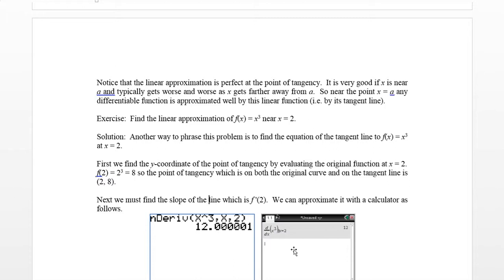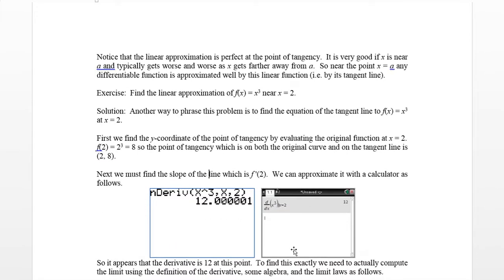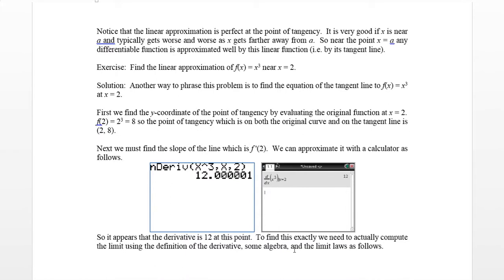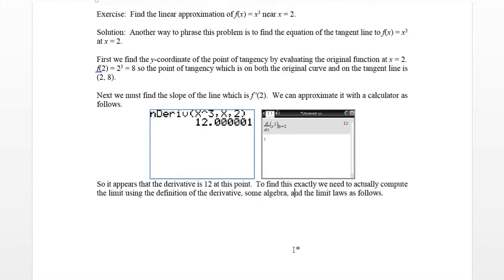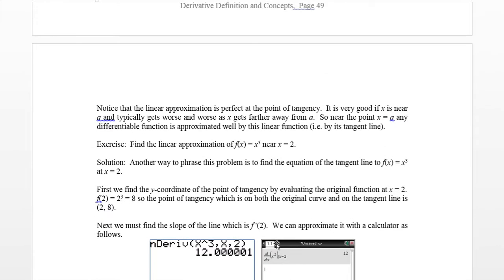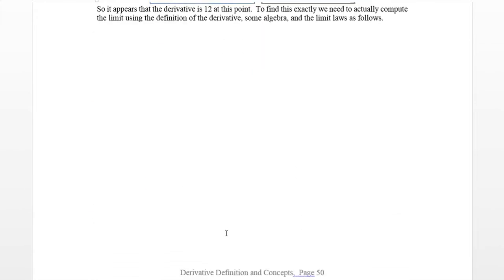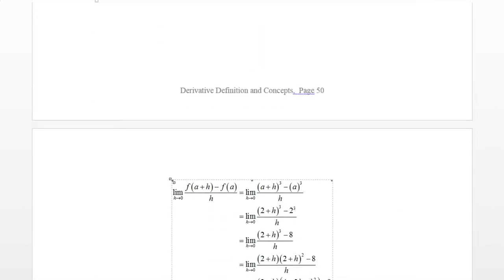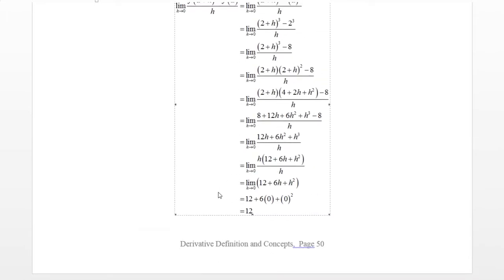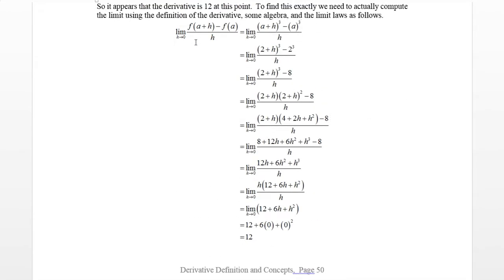How could you find that exact value and know for sure it's 12? Well, to do that, we need to use the definition of the derivative along with some algebra and some limit laws to actually compute the limit. So let's go ahead and do it that way. f of a plus h minus f of a over h, take the limit as h goes to 0.